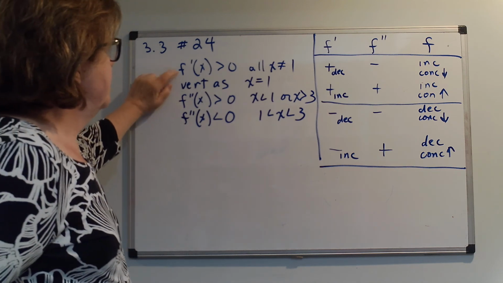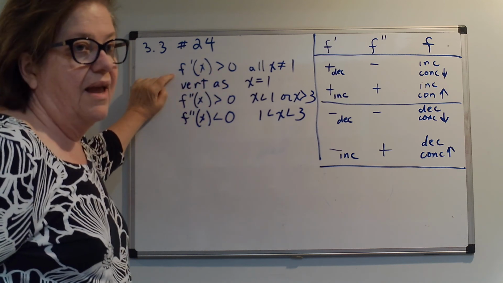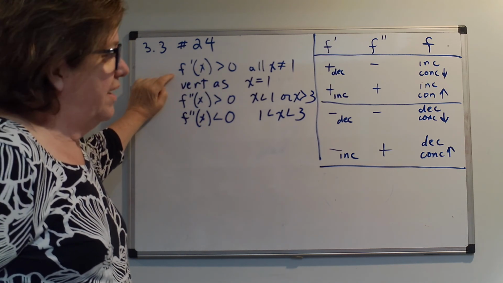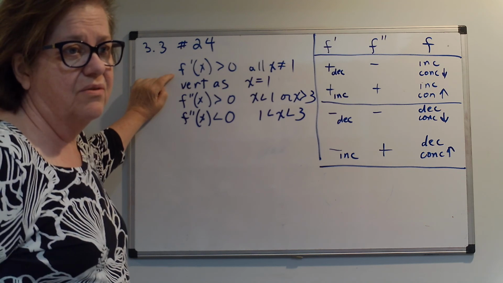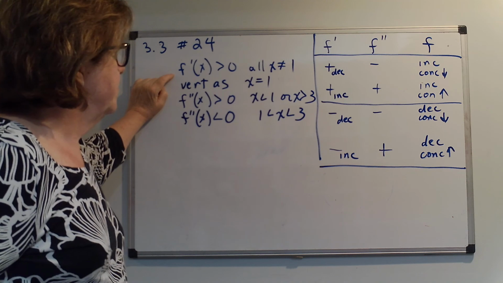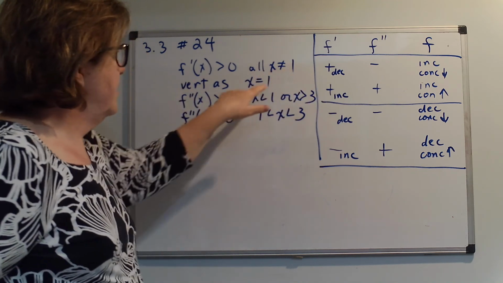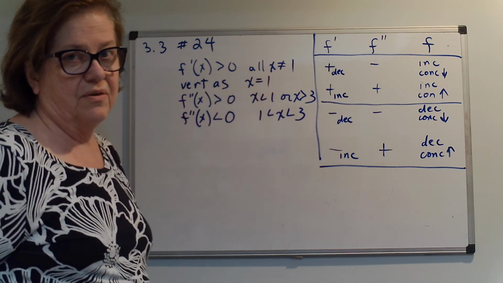The problem says the derivative is greater than 0 everywhere, so we know the function is always increasing. It's never decreasing. This is for all x not equal to 1. At x equal to 1, we have a vertical asymptote.